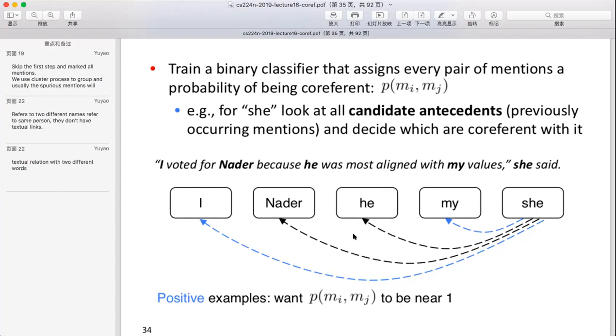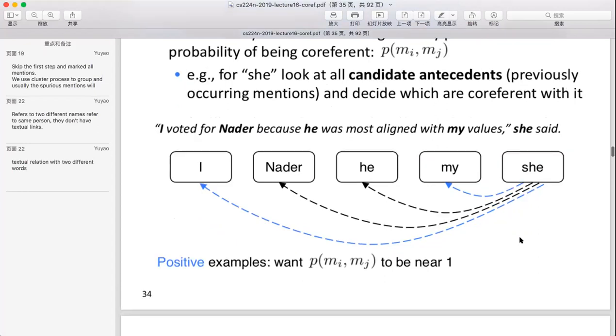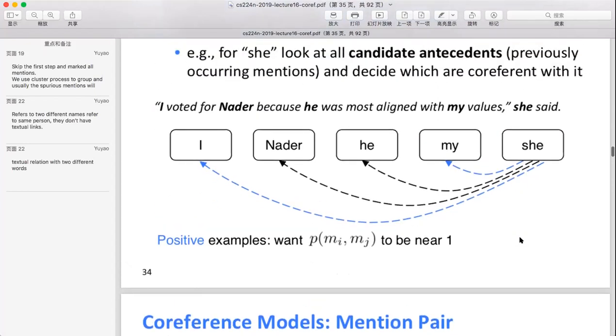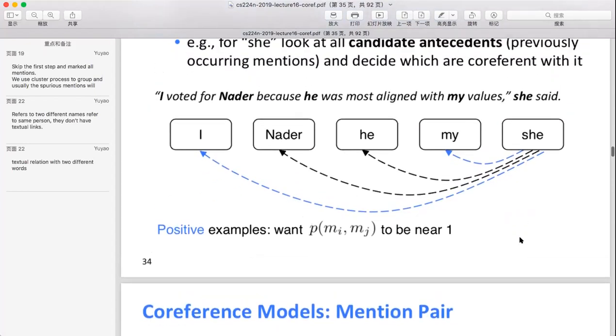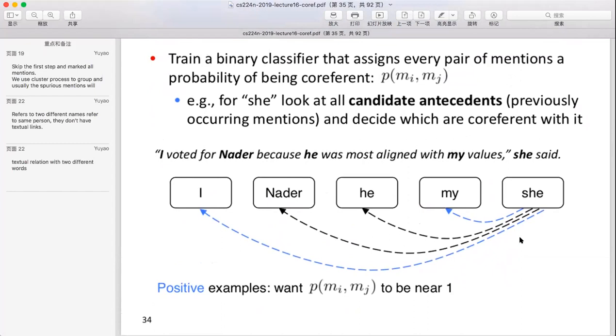And she and he, for example, he is not an antecedent of she, so we mark it as negative, which can be 0 or -1. And then after we do all of the pairs, we finish this part: just pair all the possibilities of our words, and then encode with 1 or 0.